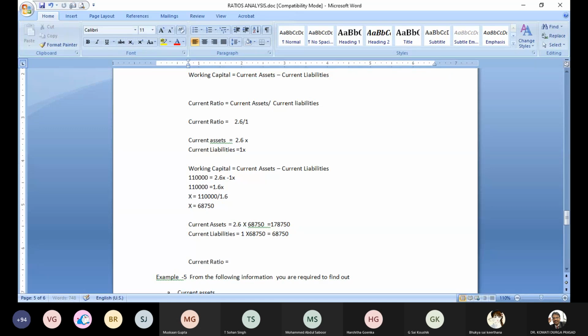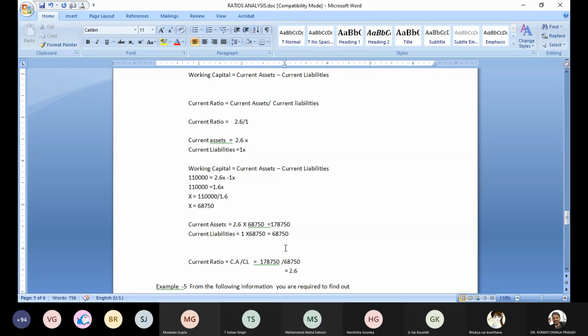Current ratio is equal to CA, current assets divided by CL, short form. So is equal to 1,78,750 divided by 68,750. So your answer must be 2.6. If you want, you can check it. Is it correct or wrong?